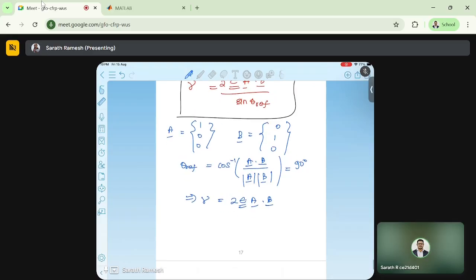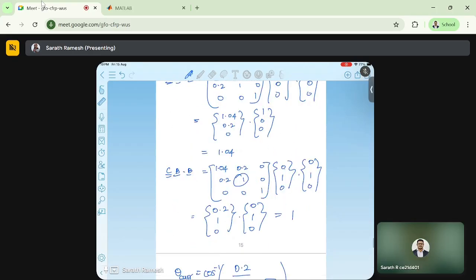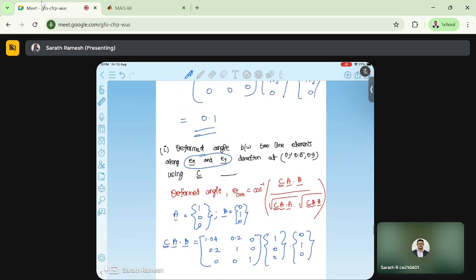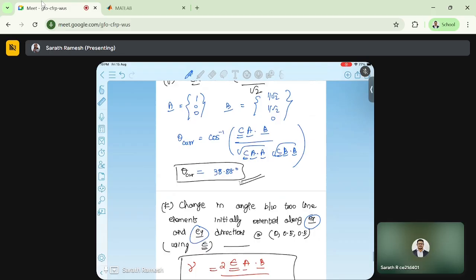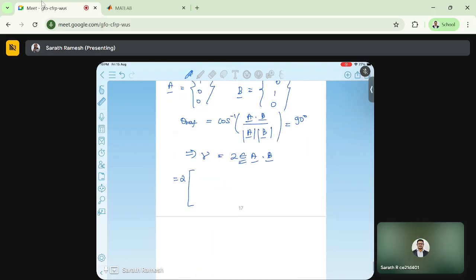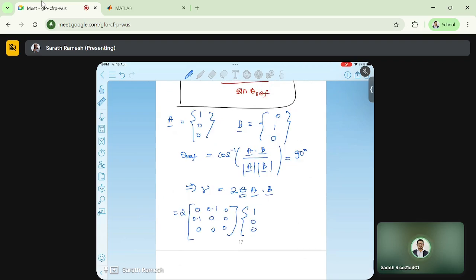So let's multiply 2 times epsilon tensor, which is 0.1, 0.1, and the rest of the things are 0, times 1, 0, 0 times 0, 1, 0.